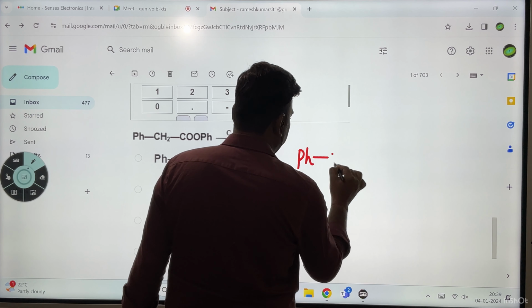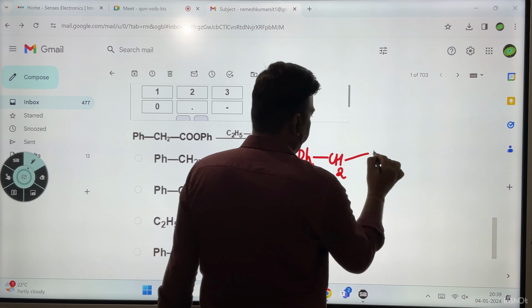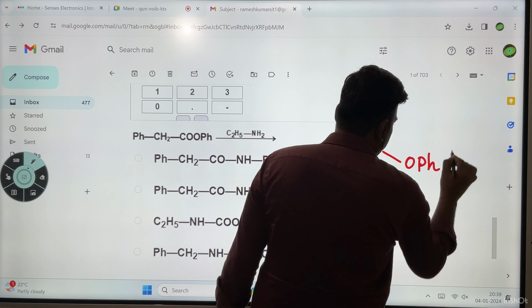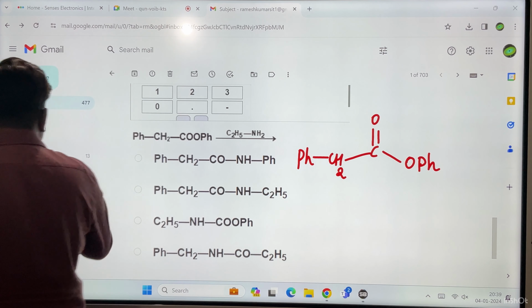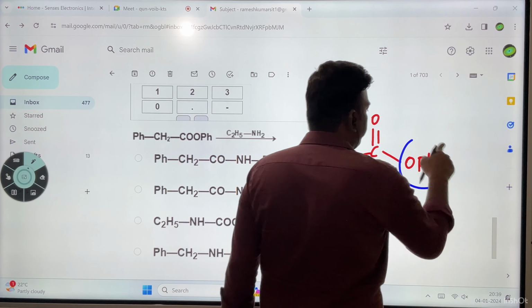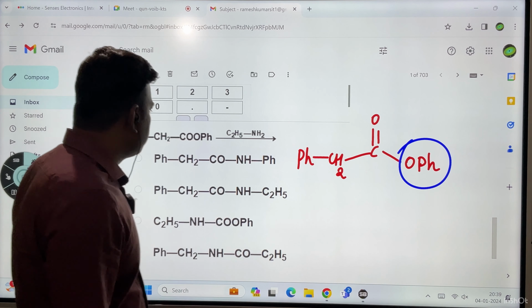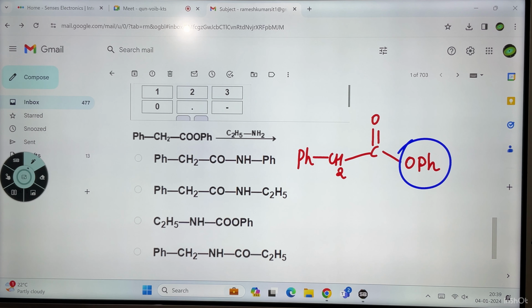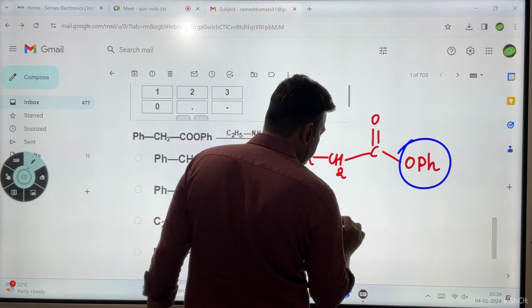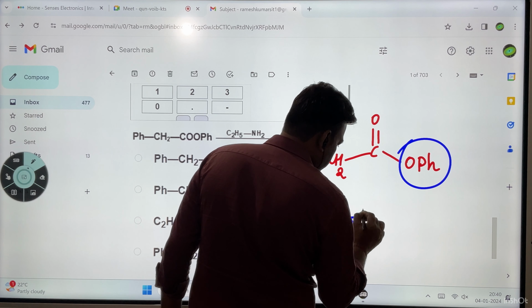First of all, PhCH2C double bond O, OPh has a leaving group OPh. So PhO minus will leave out as a leaving group when nucleophile will attack onto the carbonyl carbon atom. So ethylamine is a nucleophile here.